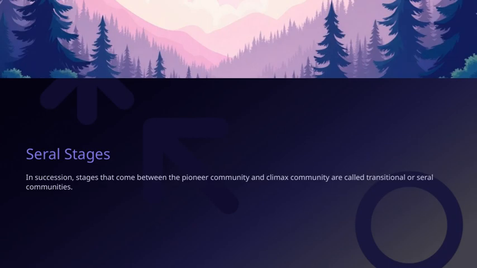In succession, the stages that come between the pioneer community and the climax community are known as transitional or seral communities. These are essentially the intermediate communities that develop as an ecosystem progresses towards its final, stable state. When we talk about seral stages, we're referring to the different phases an ecosystem goes through during succession.